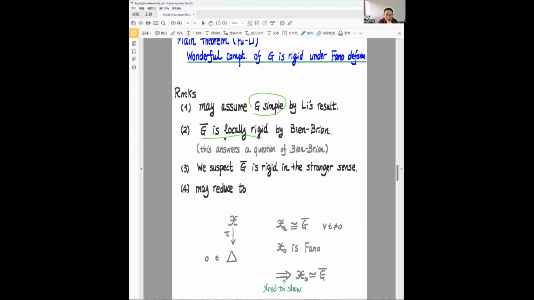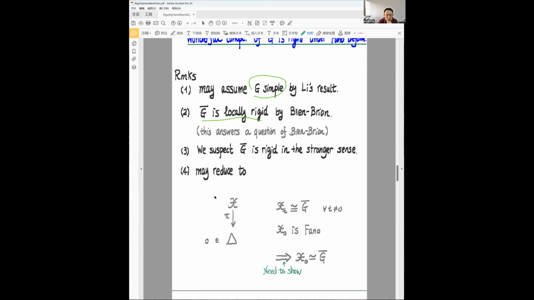And so whenever you have something locally rigid, to show the rigidity we only need to reduce to this particular situation where you have a small deformation of this X. You have a small family over this disk delta, such that every fiber except 0 is isomorphic to our wonderful compactification of G, and the central fiber is Fano.